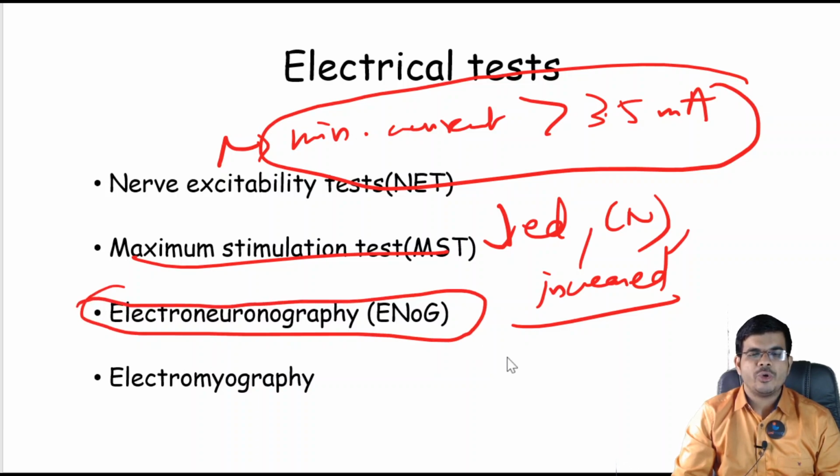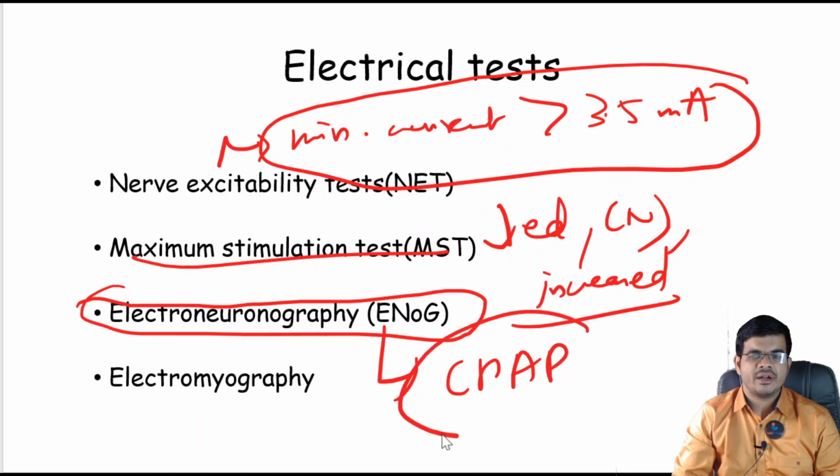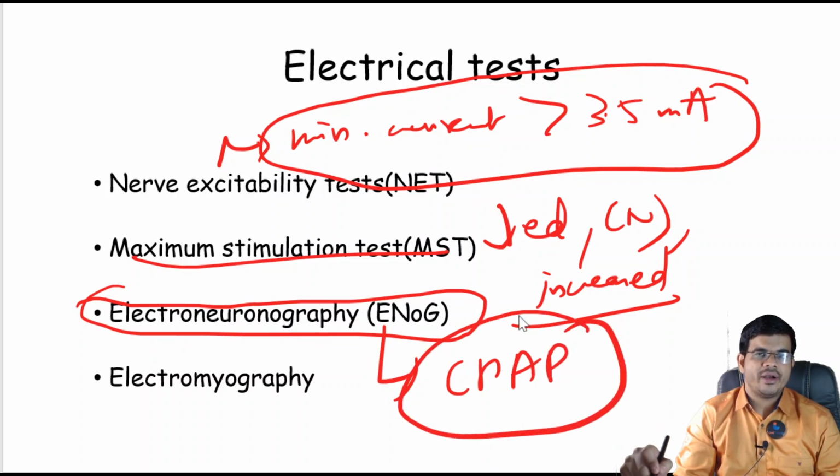In electroneuronogram, you keep an electrode at the area of the stylomastoid foramen. The recording electrodes are used around the orbicularis oculi, and the compound muscle action potential generated is recorded.